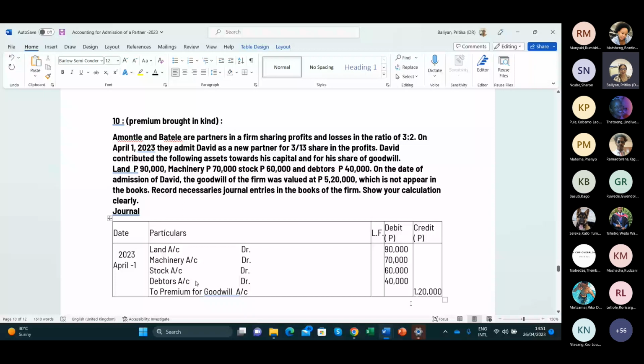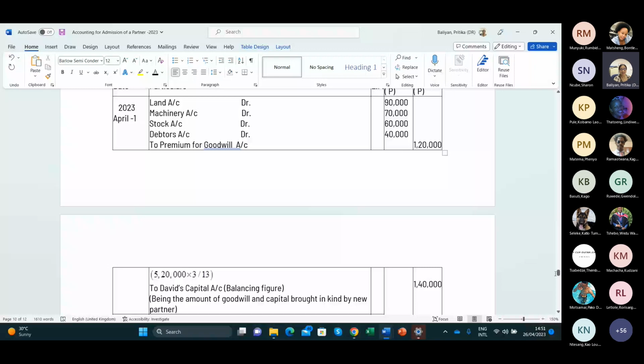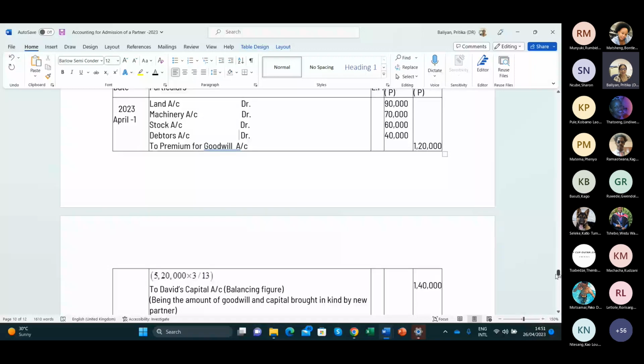So the total amount: 90,000 plus 70,000 plus 60,000 plus 40,000, how much is it?